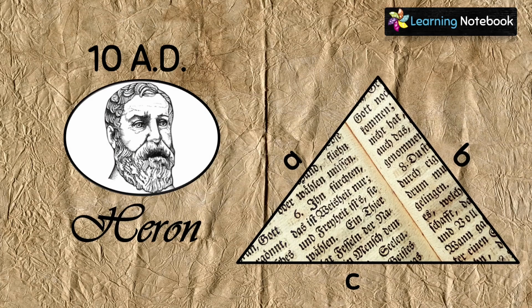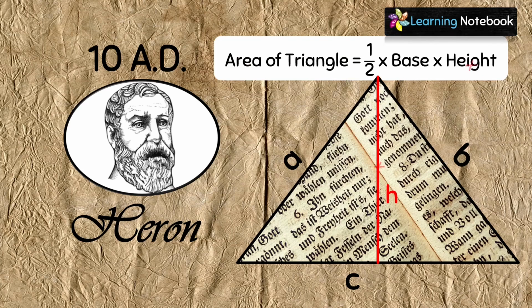So he tried to replace the value of height in terms of a, b and c, so that we do not need the value of height to calculate the area of the triangle.